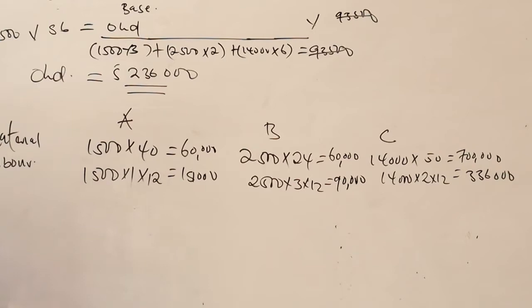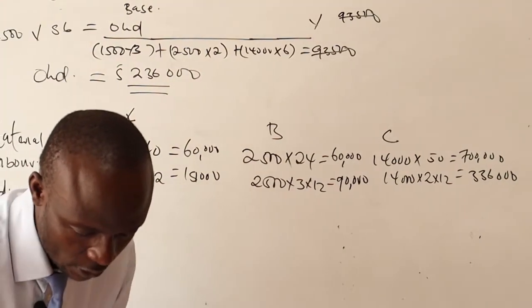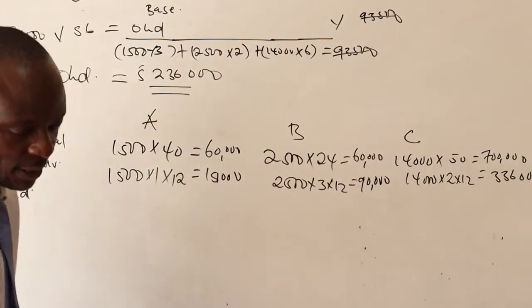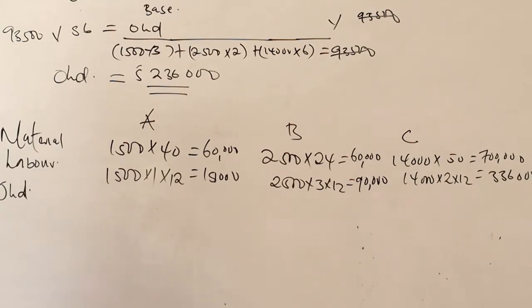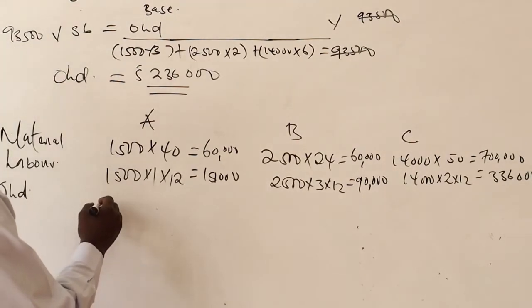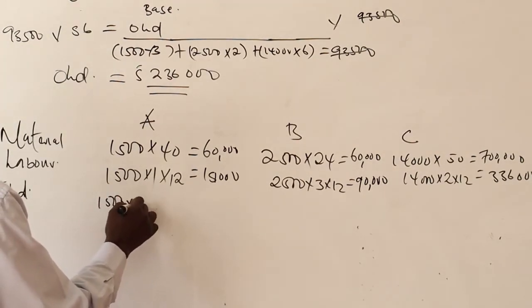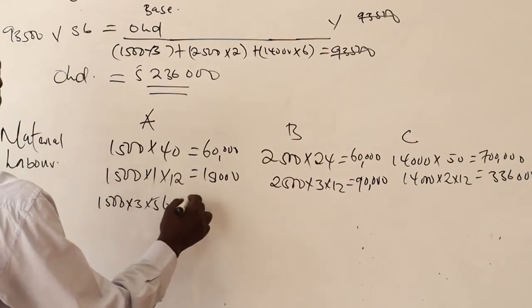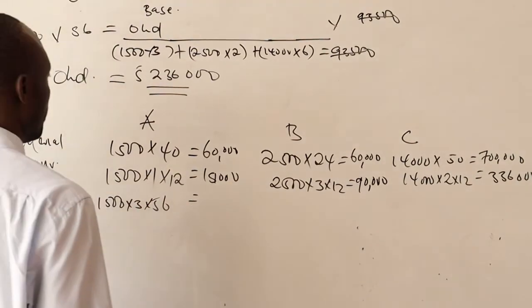And then the next one is overheads now. So overheads, we have been told it is per machine hours. The rate had already been given, which is 56 per hour. So here the total machine hours is 1500 times 3 times 56. You get the overheads.